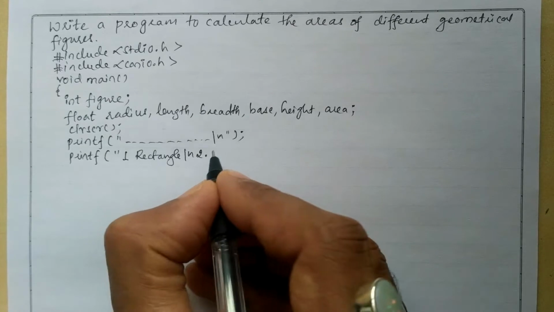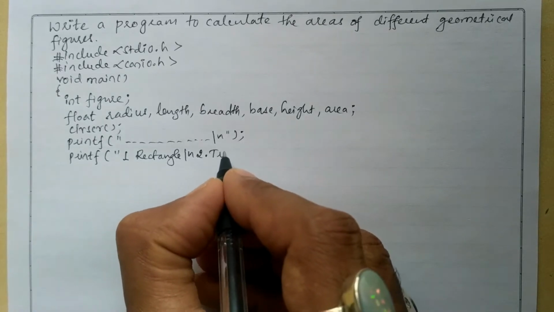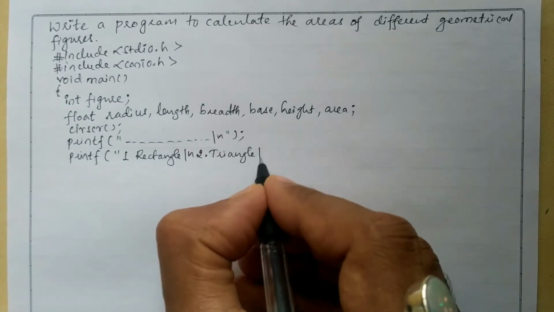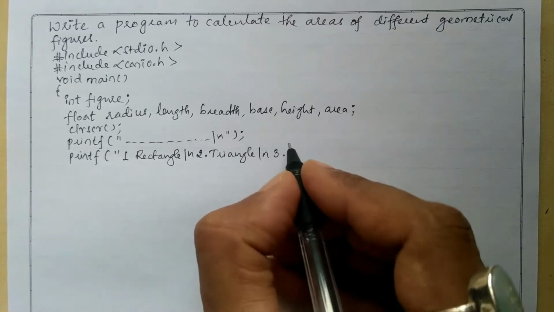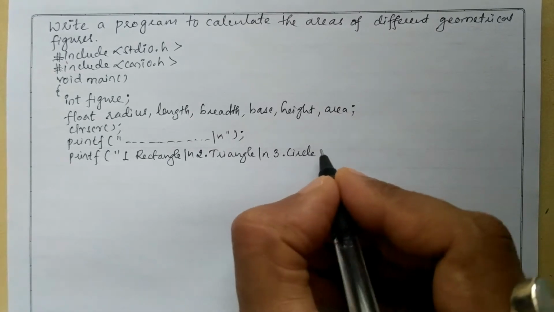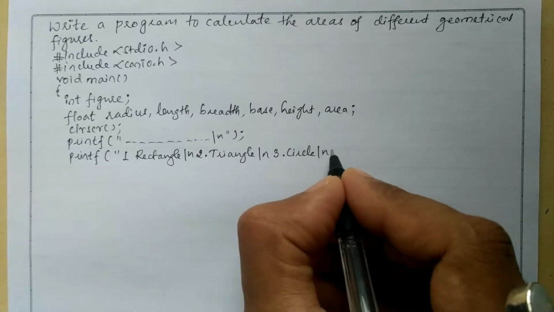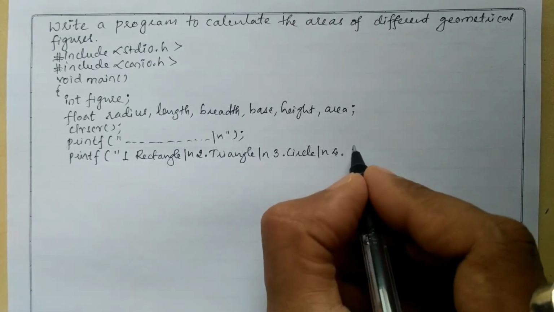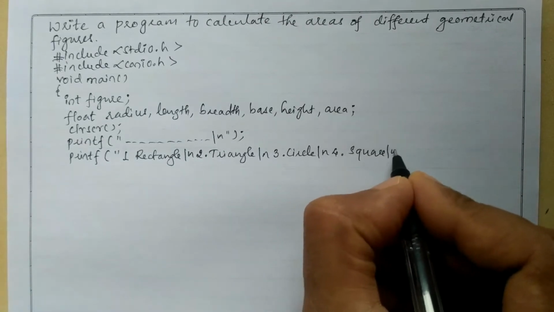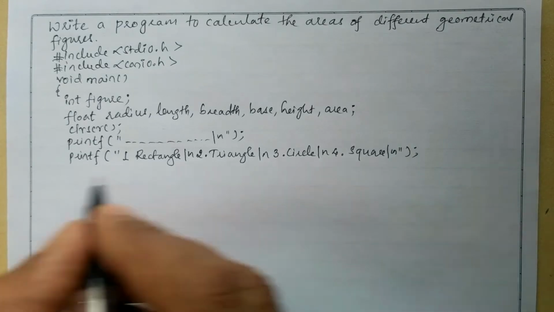The second option in the menu is triangle /n, and the third option in a menu is circle, and the fourth option in the menu is square /n, end the double quotation mark and put semicolon.